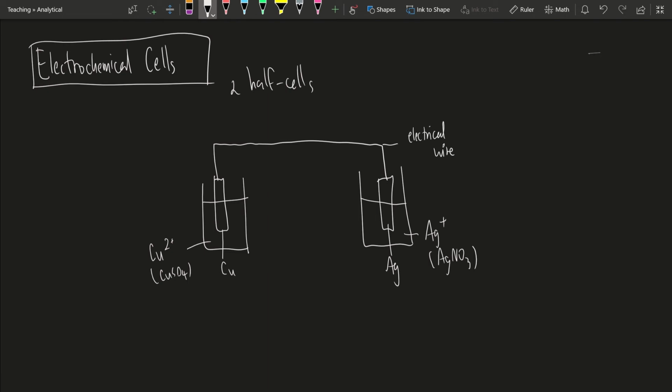But this circuit is actually not complete yet because it may turn out that electron can flow in only one way, and when a short time passes, you don't have the reaction anymore because the charge is imbalanced.